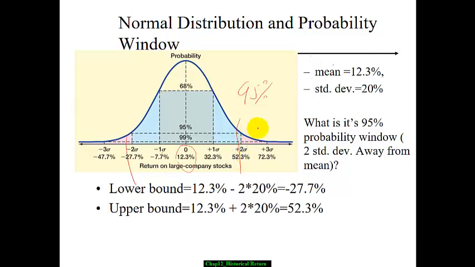So the odds that your performance beats 52% is 2.5%. The odds you hit a huge recession or crisis below negative 27.7% is also 2.5%, right? So this adds up to 100%.